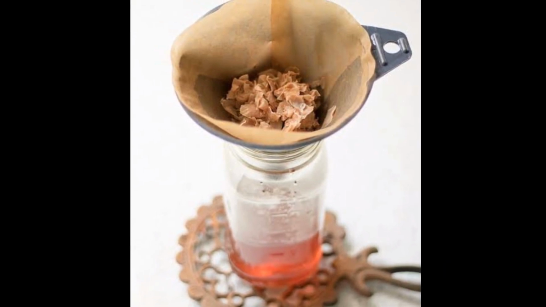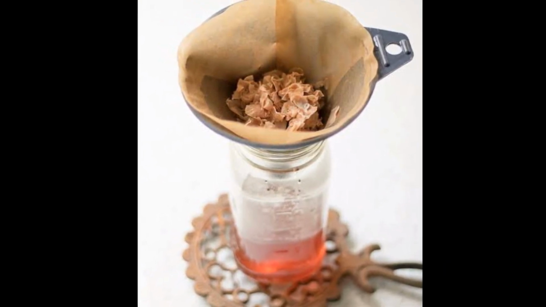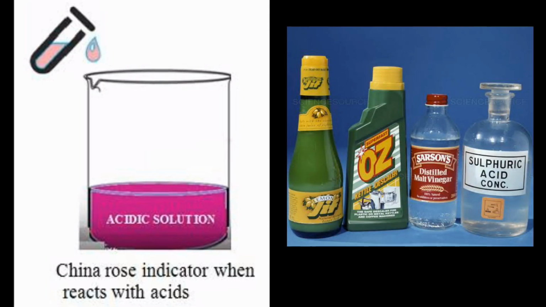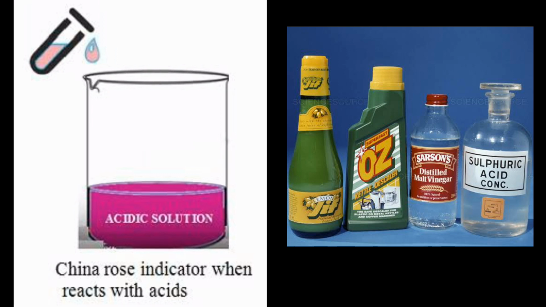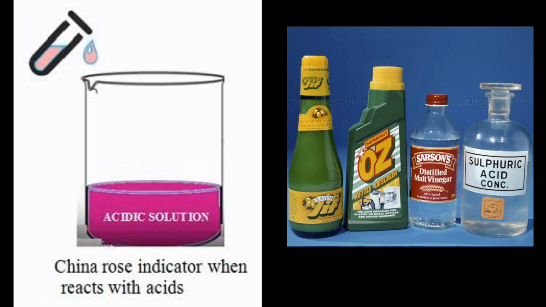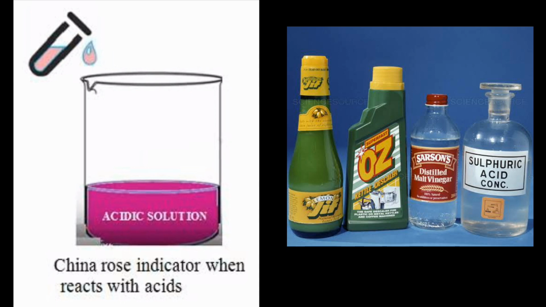What color change will occur in acid or base? Let us have a look. If you put a drop of any solution and it turns the light pink color of China rose indicator to deep pink or magenta color, we have to understand that the solution is acidic.